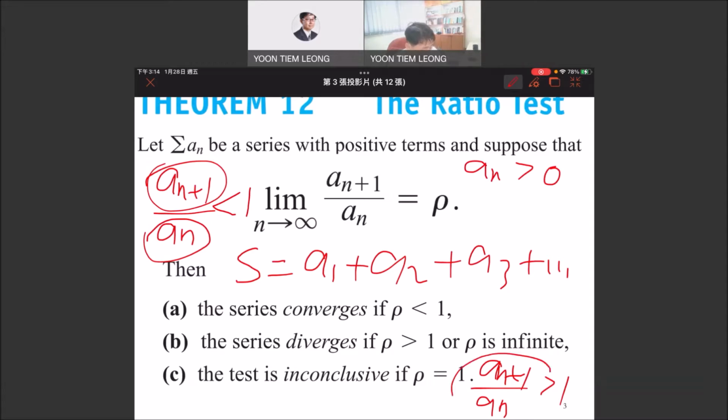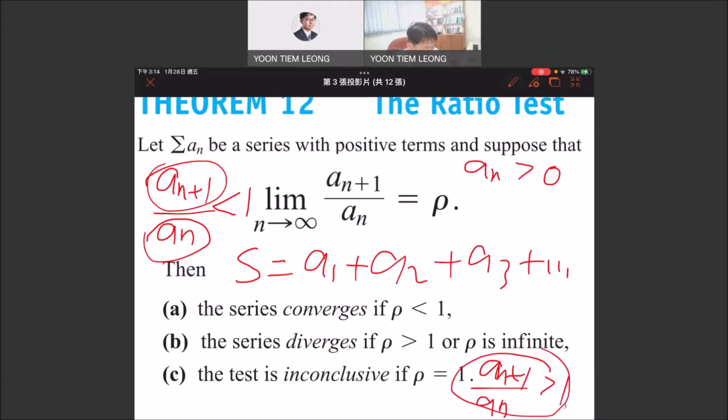Looking at the other situation, where the next term in the sequence is always larger than the term before it, when n goes to infinity you expect the terms to become larger and larger.